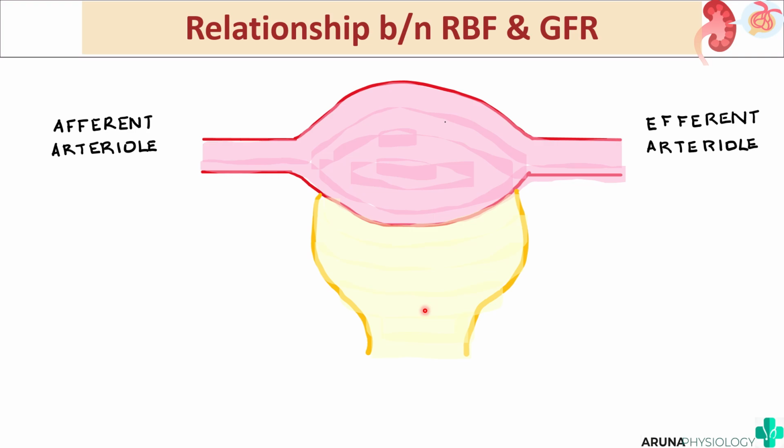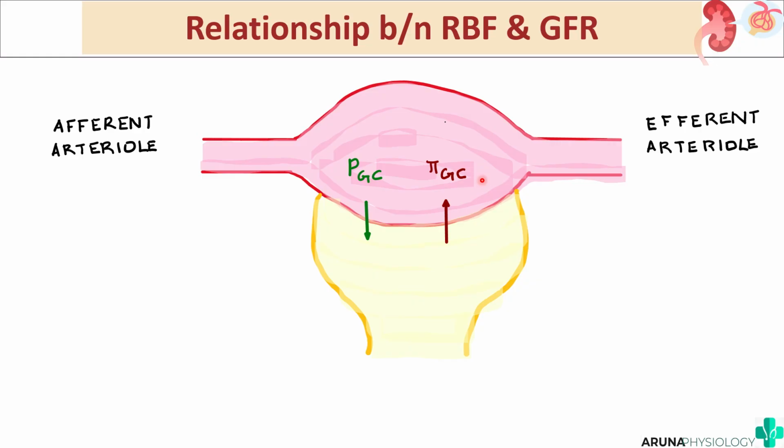Basically the filtrate is formed based on the pressures that are being exerted onto the filtration barrier of the glomerular capillary membrane. Inside the glomerular capillaries we have the hydrostatic pressure of the glomerular capillaries, which pushes the fluid out into the Bowman space. We also have the oncotic pressure of the glomerular capillaries, which pulls the fluid into the glomerular capillaries.